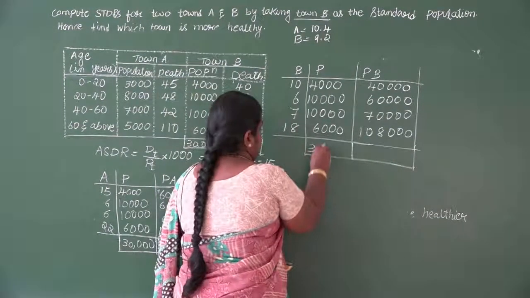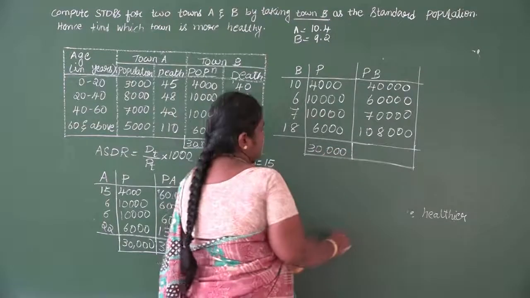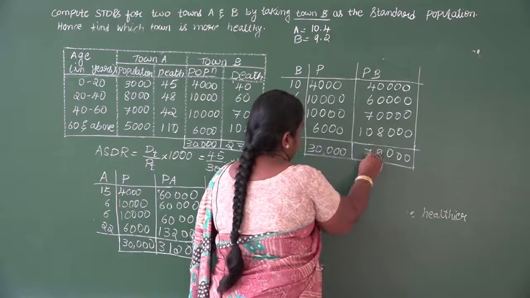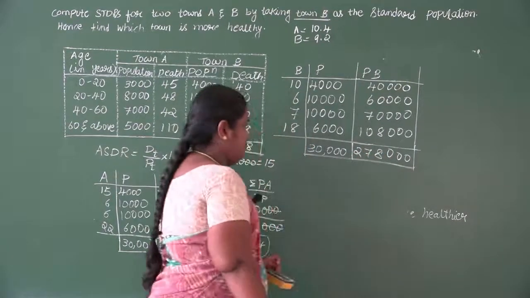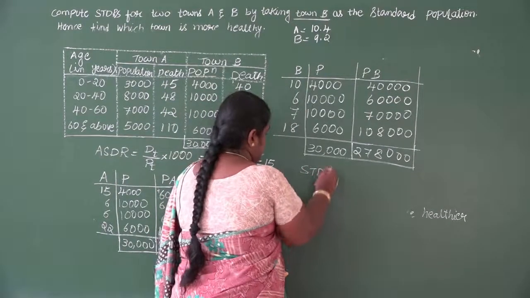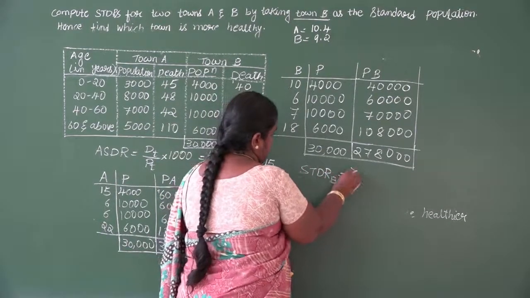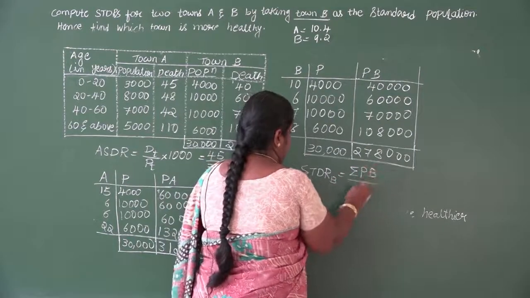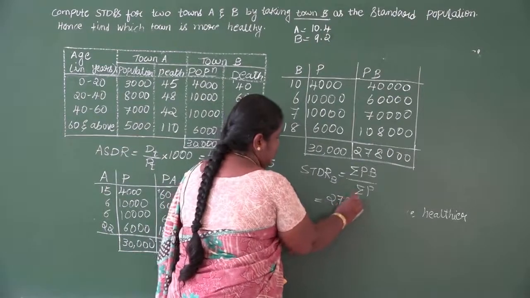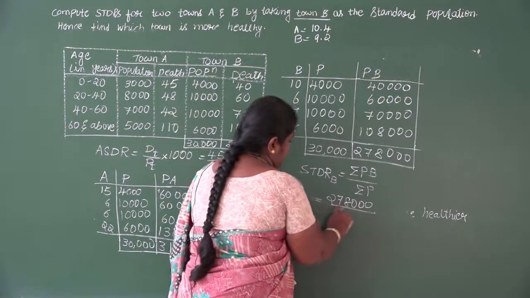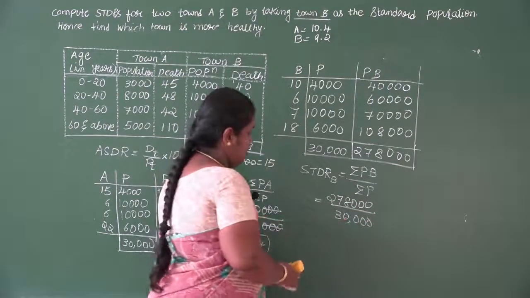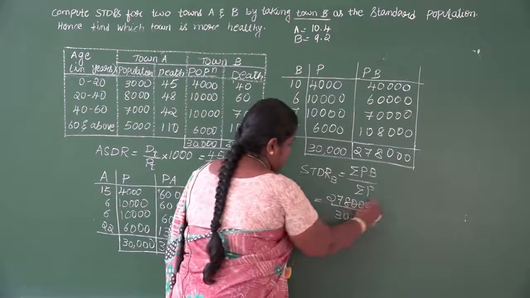So you can add this 30,000 and add the PB values. So it is 2,78,000 divided by 30,000. STDR of B is sigma PB divided by sigma P. Cancel these zeros.